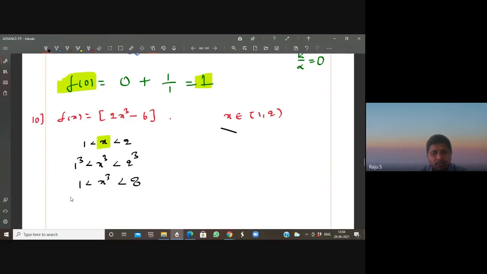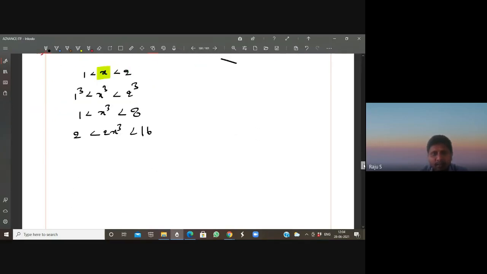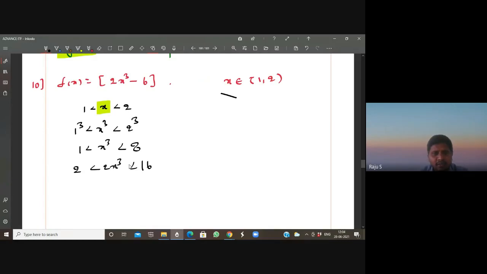Now multiply with 2: 2 into 1, 2 less than 2x cube less than 2 into 8, which is 16. But here minus 6 is there, we required minus 6. So 2 minus 6 is less than 2x cube minus 6 less than 16 minus 6. So 2 minus 6 is minus 4, less than 2x cube minus 6 less than 10.